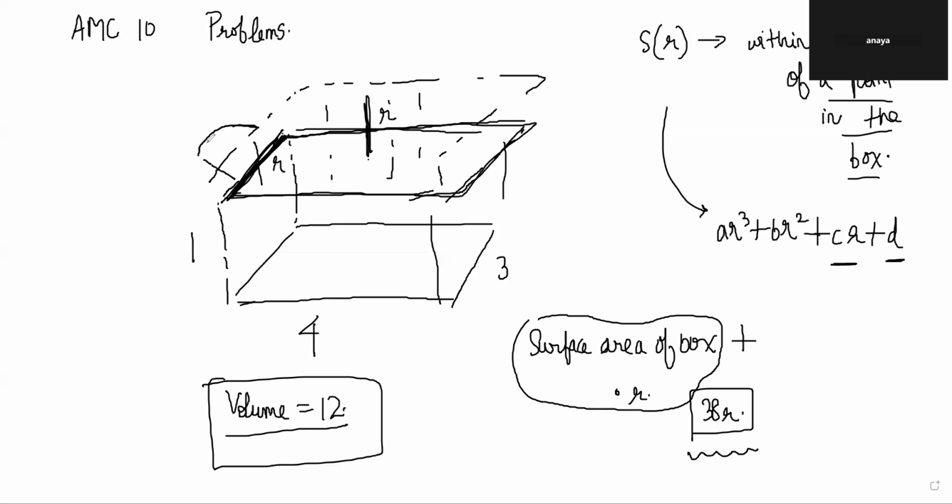The point here could be at an r distance from this edge. So you can sort of draw a circle like this, all along the edge. That will give us like a cylinder type of situation.